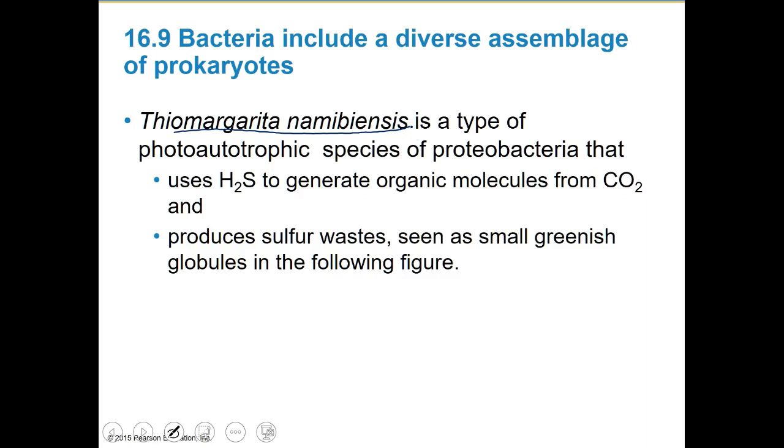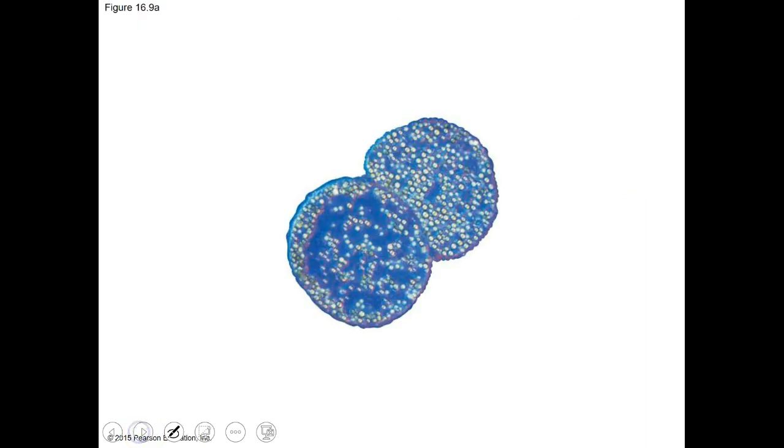It uses hydrogen sulfide to generate organic molecules from CO2, but it produces some sulfur waste and some small greenish globules. That's our example. So what you'll want to look for is the name of the group, the general description, and an example. Those are the little green globs in it.